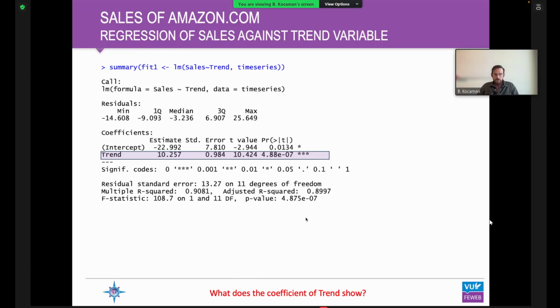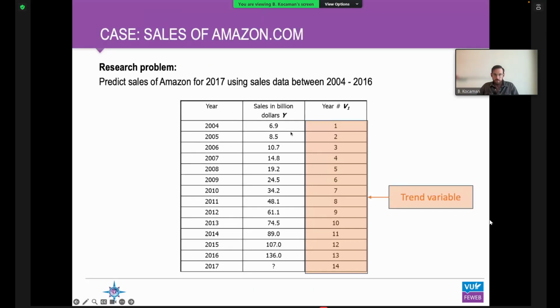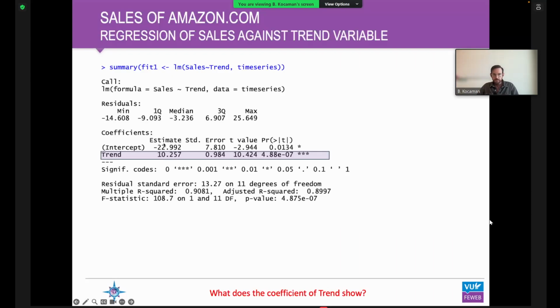As I mentioned, this 1 unit increase in trend means, because of how we defined it, a 1 year increase, basically. As a year passes, the sales will increase by 10.25.